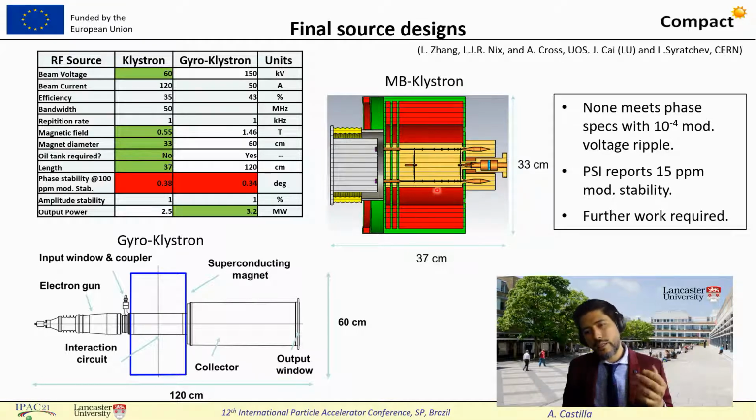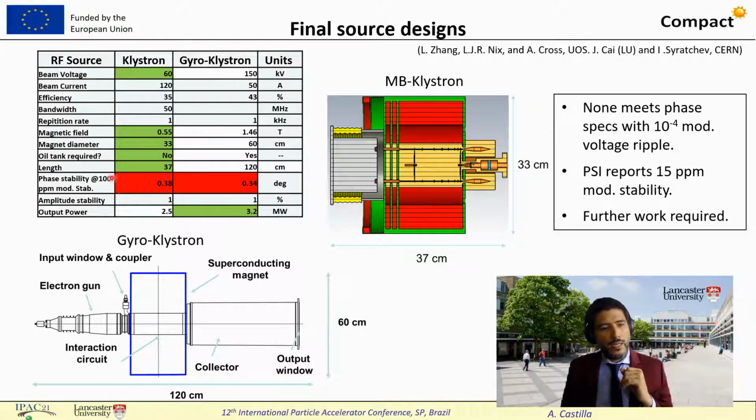It does not need an oil tank, and it does not need a superconducting magnet. However, the output power is slightly lower, still is sufficient for the application that we are looking at. We have problems at the moment for the phase stability, where, if you remember, we talked about 0.2 degrees as our restriction for the oscillation.